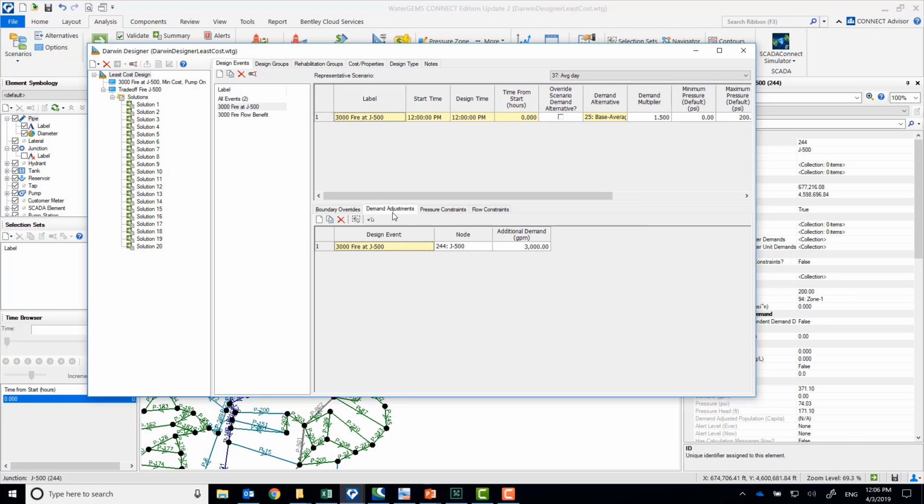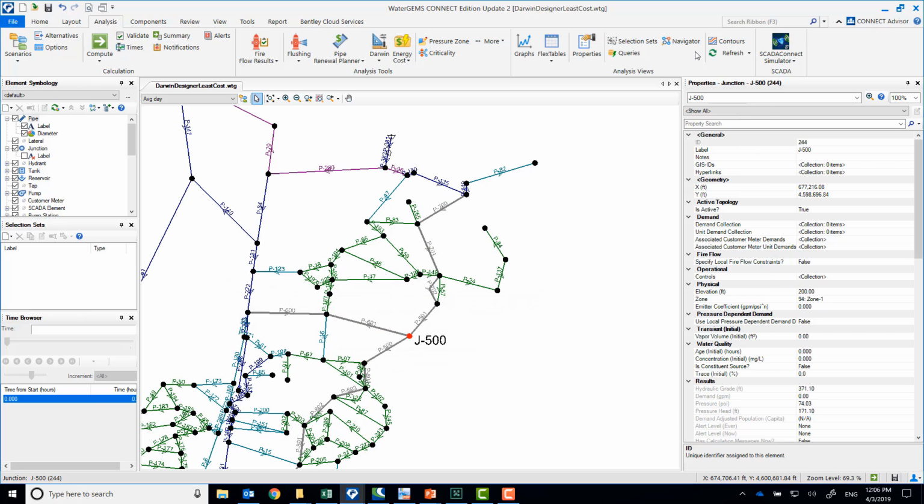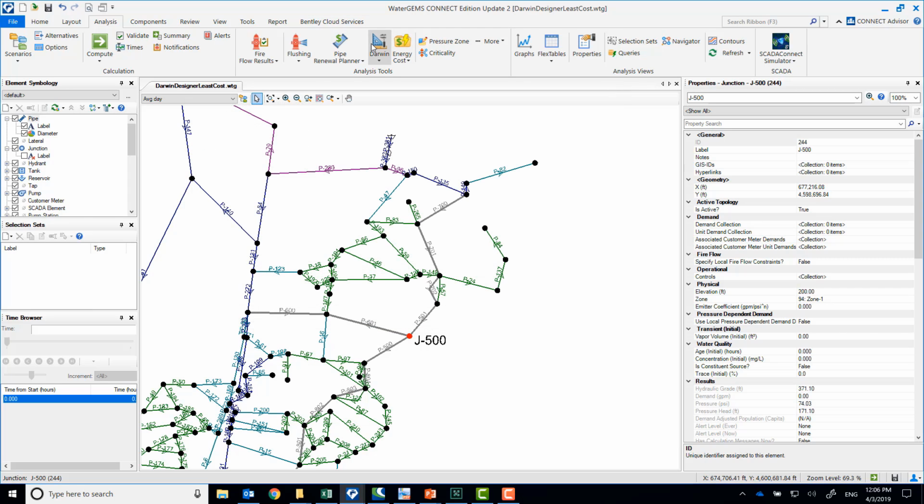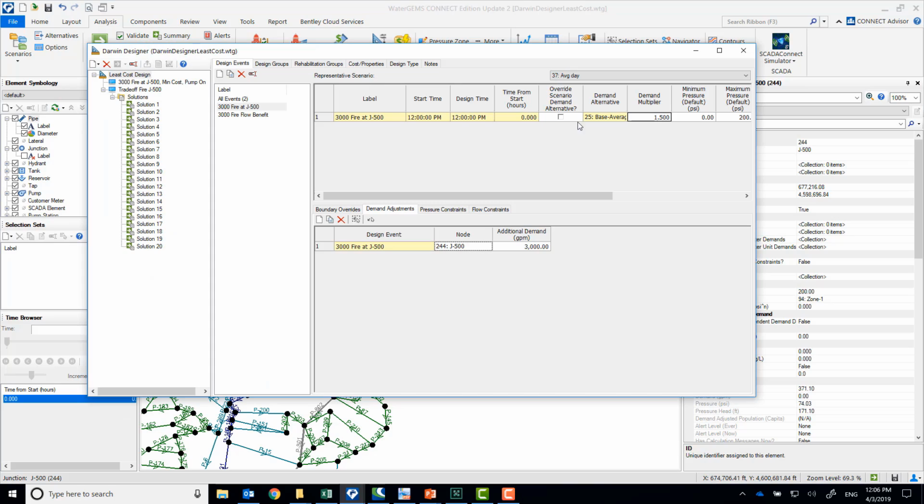That when I have a fire flow of 3,000 gallons per minute at J500, also when my demands, that remember we had said, I didn't write it down, but I think it was 1,180 or was it 1,800? Let me just go back here and review. 1,180. So these are our average. So now we're multiplying all those demands times 1.5. Okay. And if you want to pull out your calculator and do that math, that'd be great.